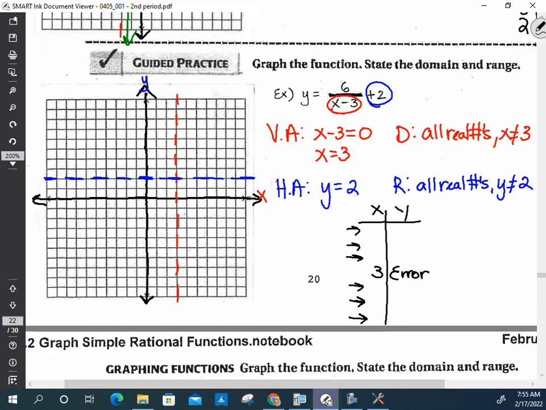So again, copy your table. Copying the table is not optional. And then we plot our points. So 0, 0; 1, -1; 2, -4. There's your curve going downward.